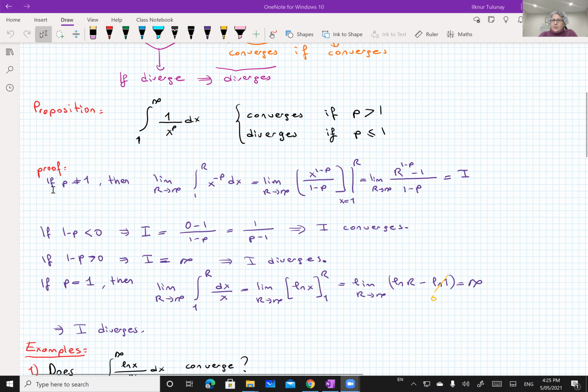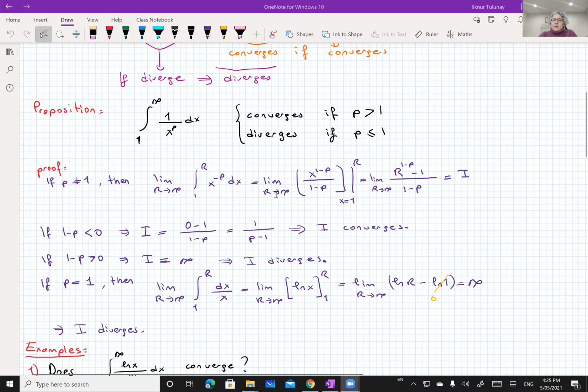This is pretty straightforward to prove, and this is the proof here. Let's go through it quickly. If p is not equal to 1, then this integral is the limit as r goes to infinity of the integral from 1 to r of x to the minus p dx.